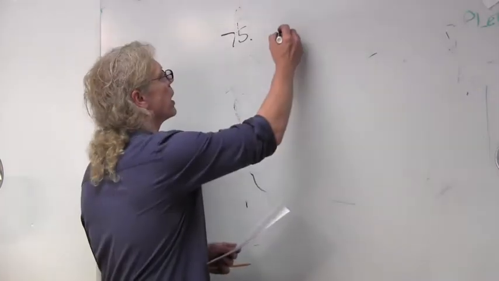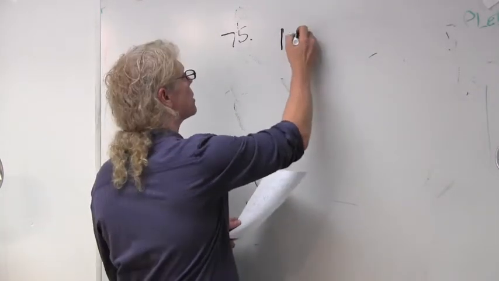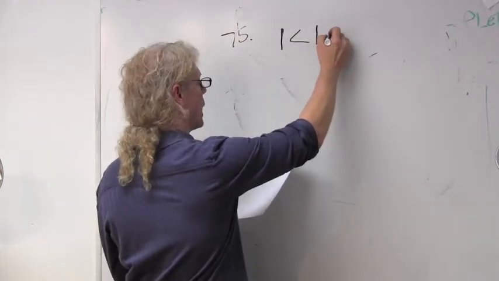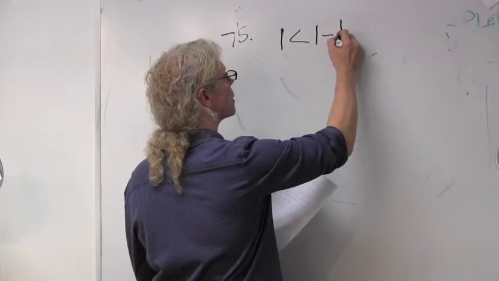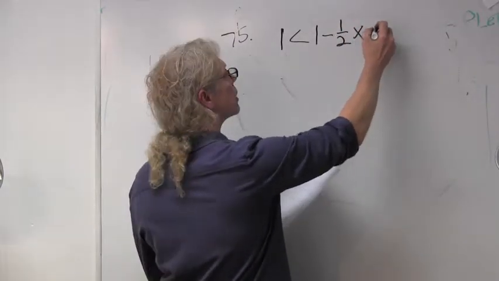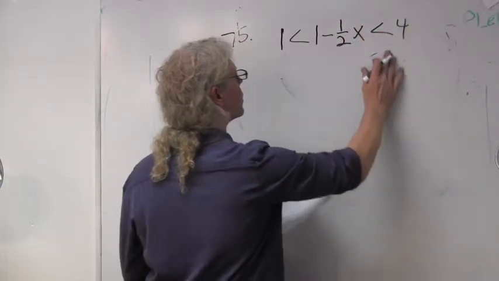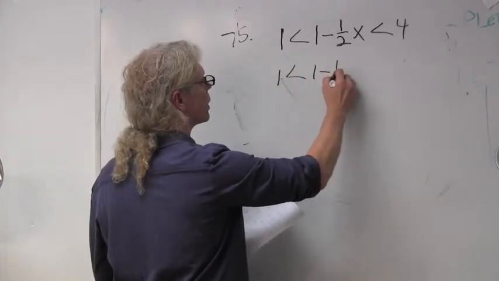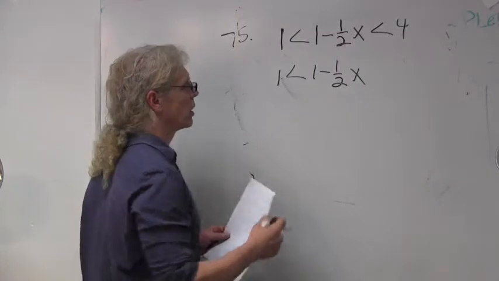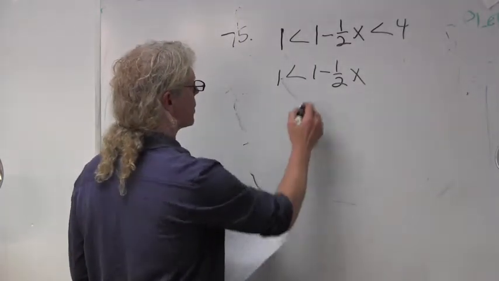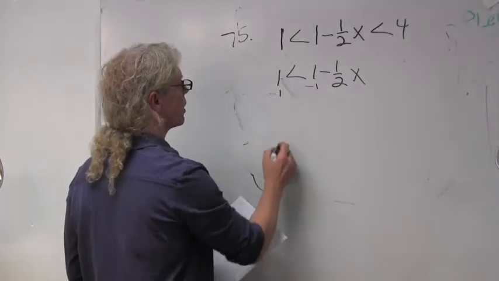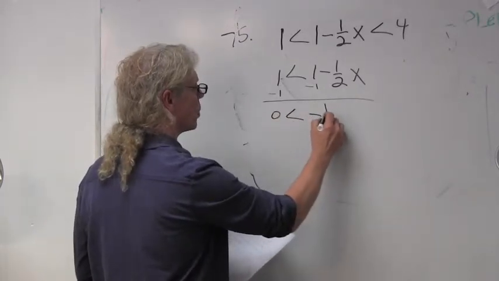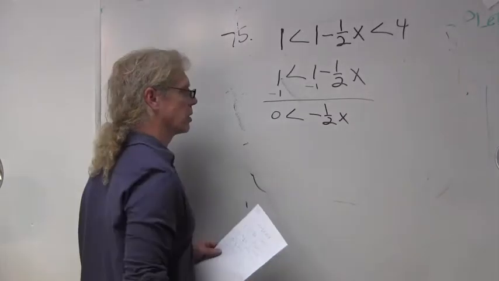So, this is written as 1 is less than 1 minus 1/2 x, which is less than 4. We'll work the left side. 1 is less than 1 minus 1/2 x. Let's take this 1 to the other side, so we're subtracting 1 from both sides, leaving us with 0 is less than minus 1/2 x.